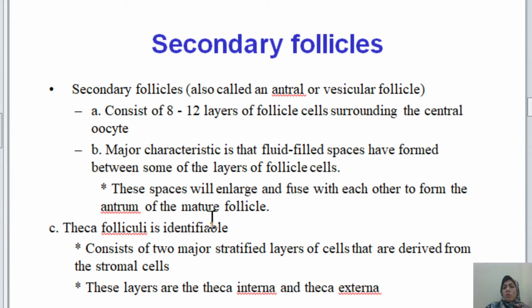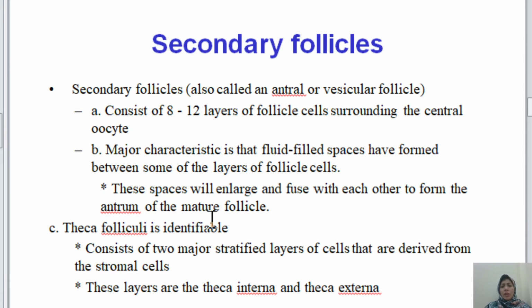Secondary follicles are also called antral or vesicular follicles, and they consist of 8 to 12 layers of follicle cells that surround the central oocyte. Also, a major characteristic of these follicles is fluid-filled spaces that form between some of the layers of follicle cells, and these spaces will enlarge and fuse with each other to form the antrum of the mature follicle.